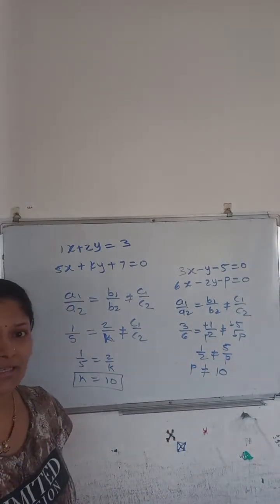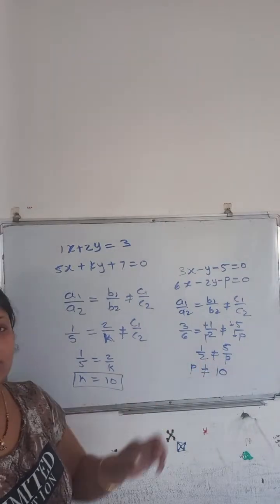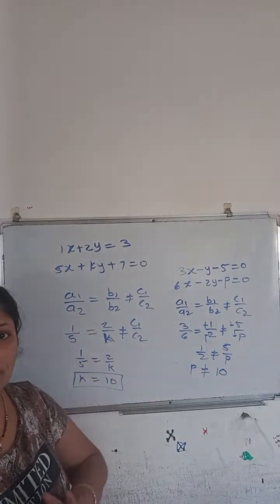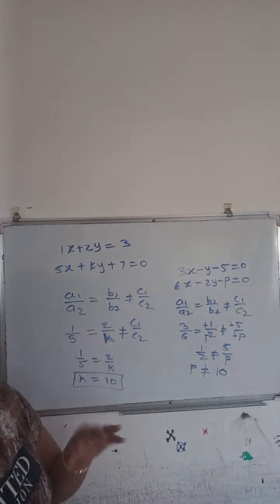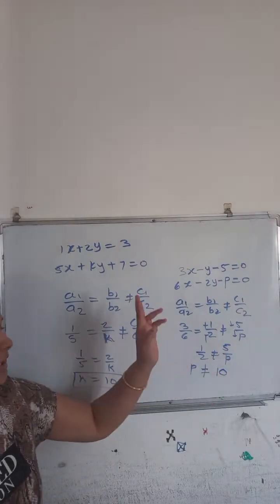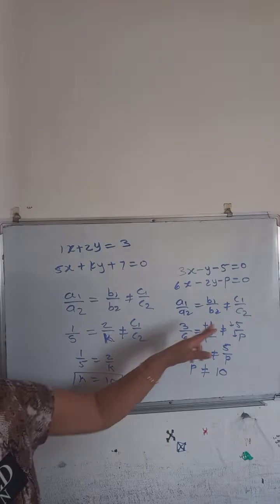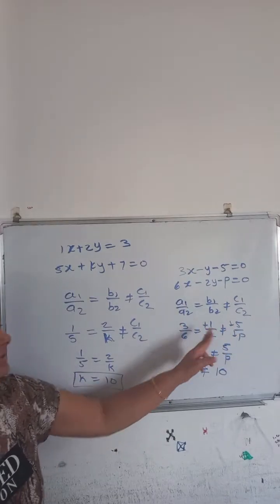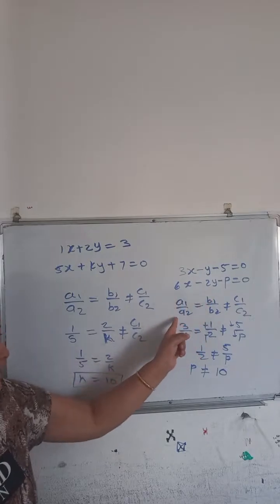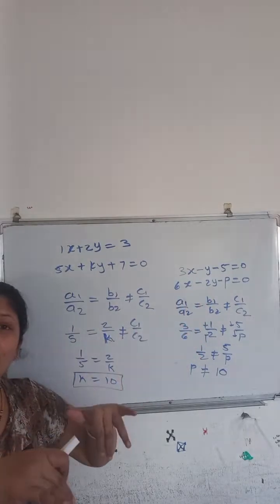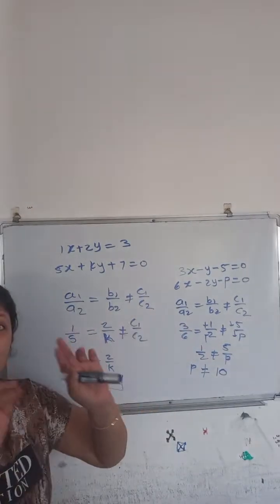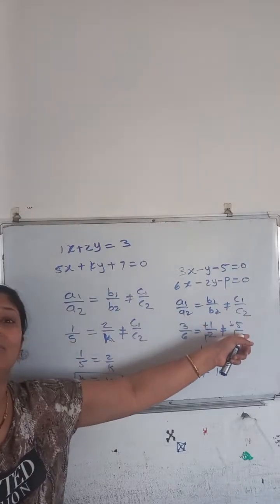You wrote the answer, but you forgot to write this not equal. Whatever the condition is, you can write it, don't make any changes. If something is different, I will let you know, but here it is a not equal to condition. 3 by 6 is equal to 3 by 6, which is not equal to C1 by C2. This means A1 by A2 is equal to B1 by B2, and both are not equal to C1 by C2.